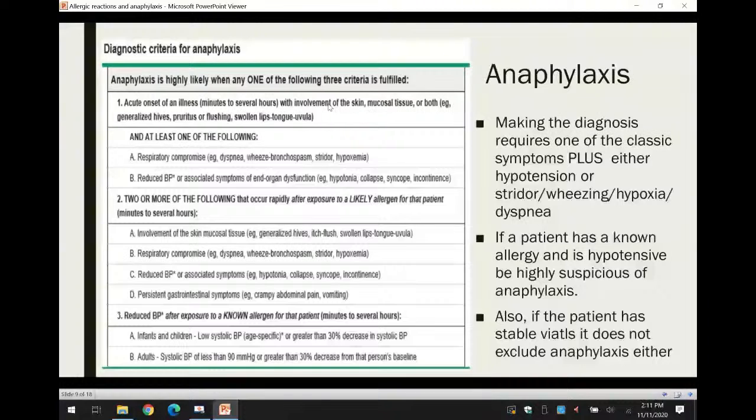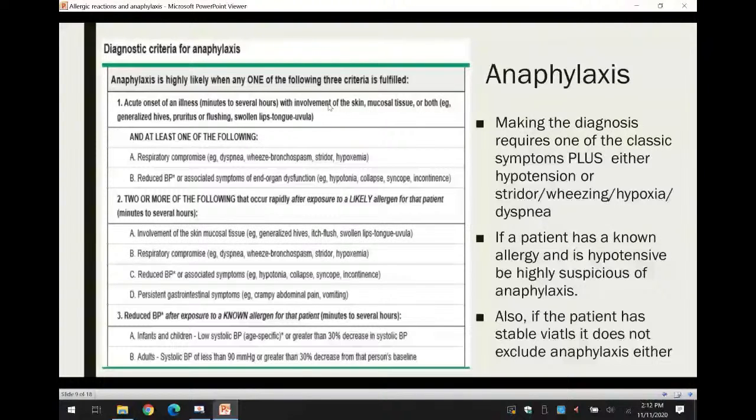And that's one of the things that, through the research I was looking at, is that most providers are waiting until they're starting to be shocky and hypotensive before they're willing to give epi. And that's one of the biggest downsides, is that they're waiting to the point that they're about to crump because they're becoming hypotensive before they give epi.